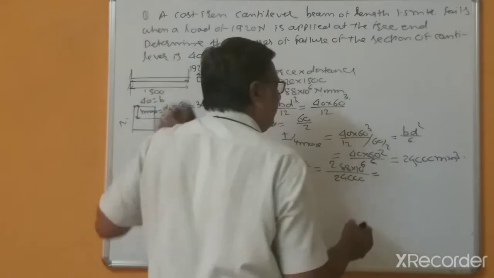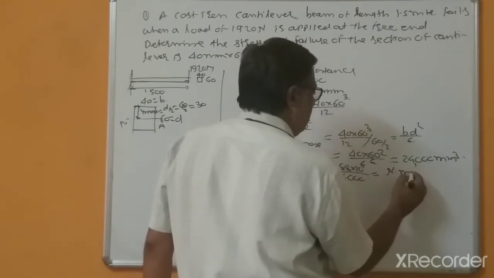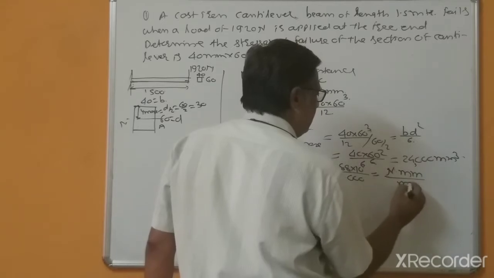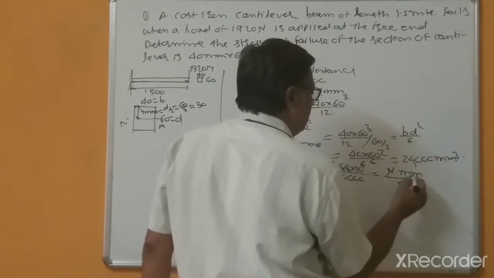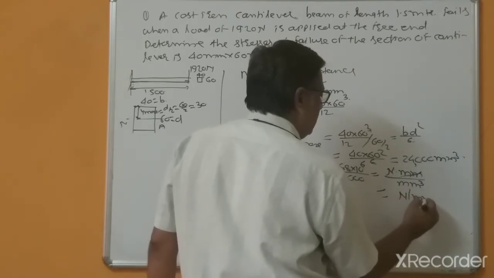What is the unit here? Newton mm divided by mm cubed, so this cancels and you get Newton per mm squared.